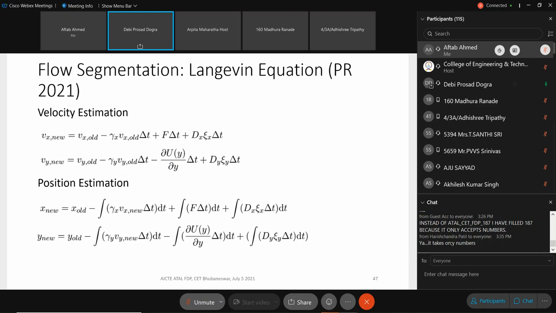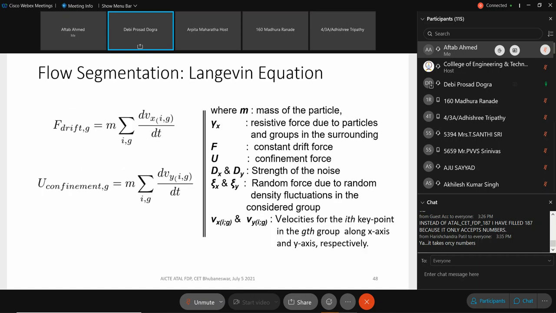You can look into how the active Langevin force model can be used to segment the crowd. The segmentation is not done frame by frame based on optical flow. Rather, it does segmentation at some point, and then it does prediction based on the active Langevin force model. These are the details of how flow segmentation works.